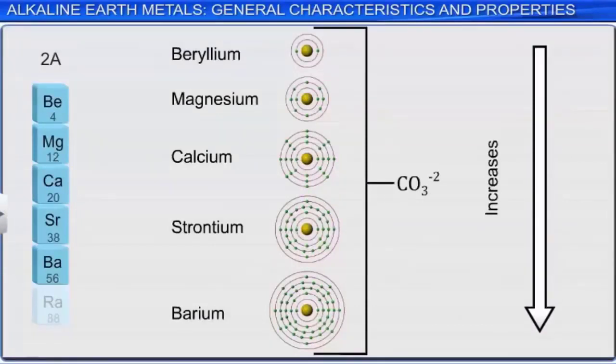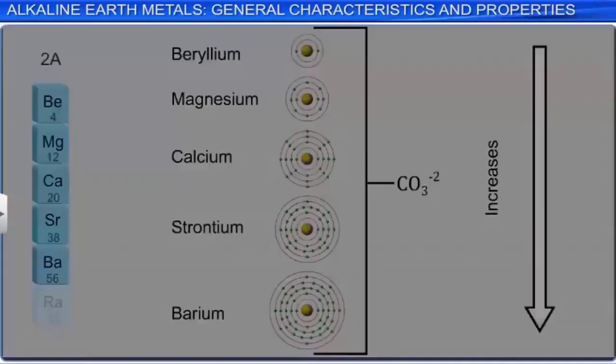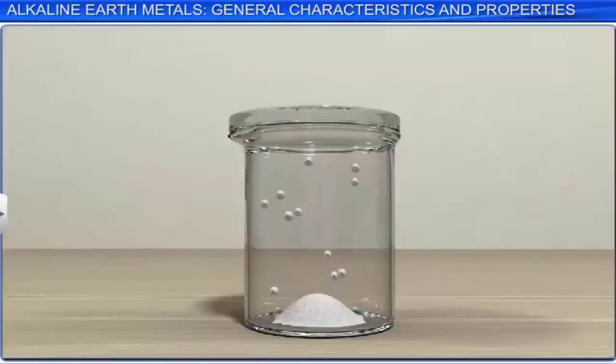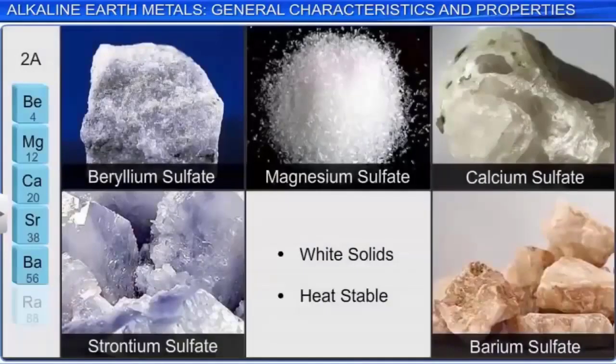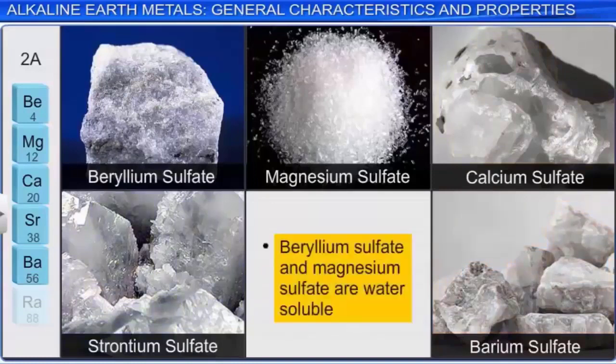The White Cliffs of Dover consist primarily of calcium carbonate. The thermal stability of the carbonates increases as the metal cation increases in size. Beryllium carbonate is unstable and must be kept in a carbon dioxide atmosphere. The sulfate salts of the group 2 metals are white solids that are heat stable.